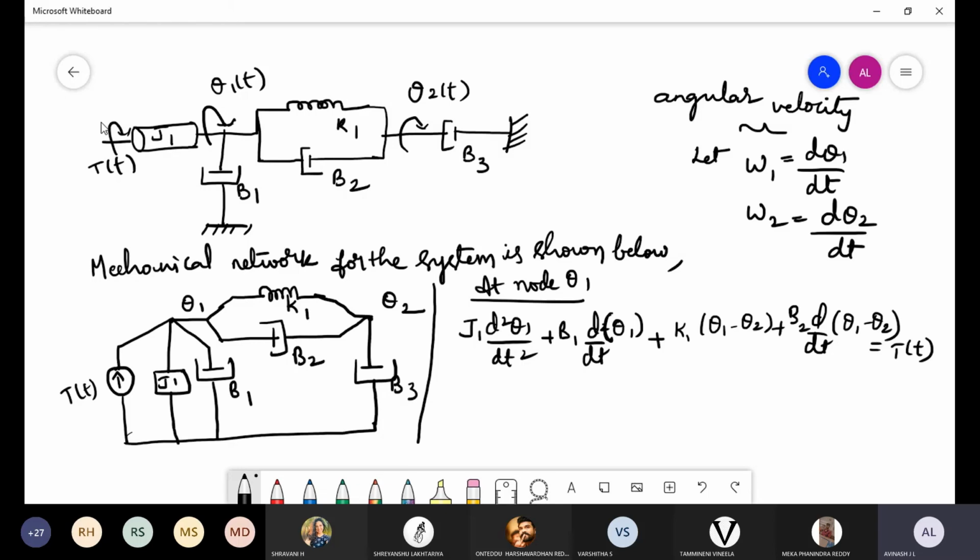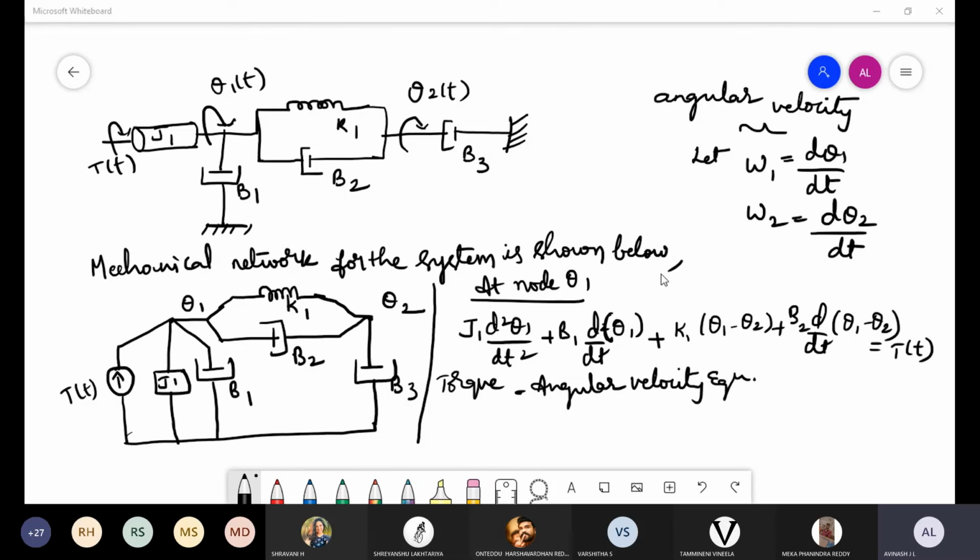So for the above equation, I can write the torque angular velocity equation. How will it be?